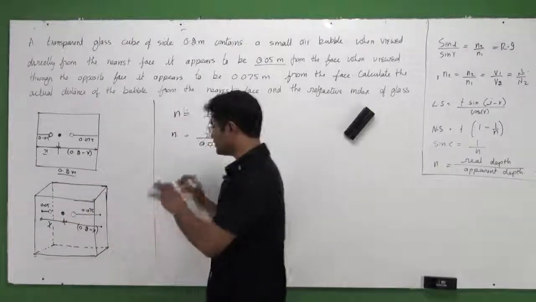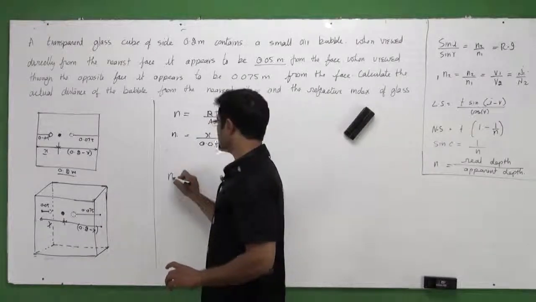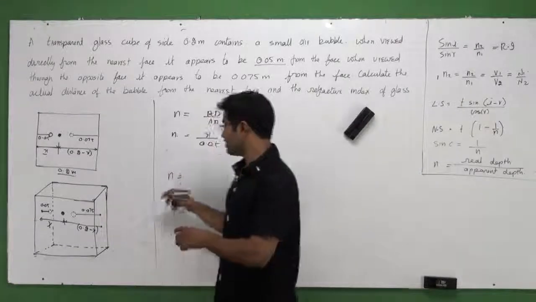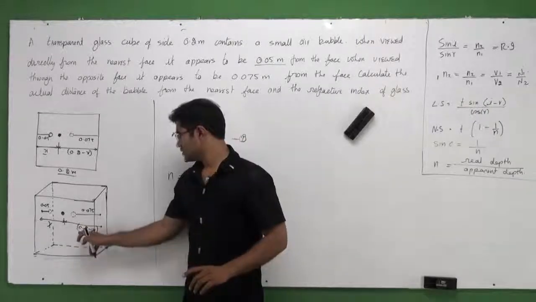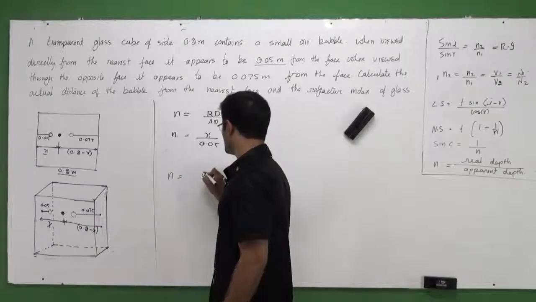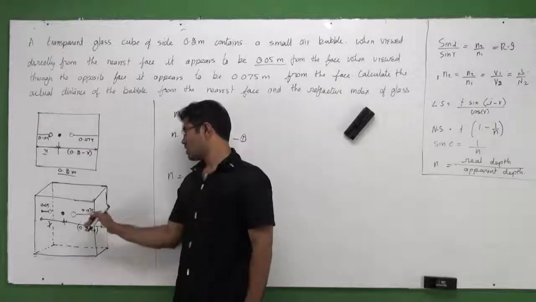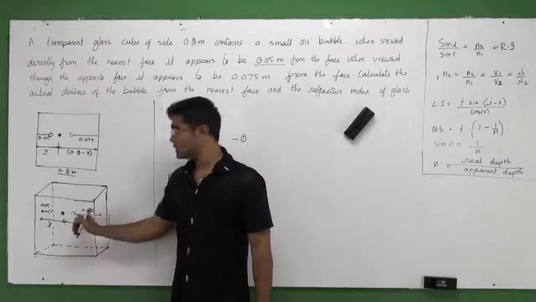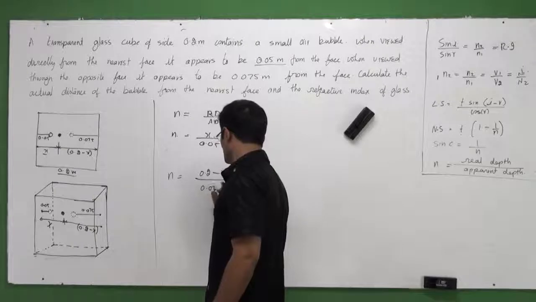That's my first equation. Now let me see it from this end. Again I'm writing the refractive index of the same box, but seeing it from this end. The real depth is this length, that is 0.2 minus x, divided by the apparent depth, which is 0.075 meters.